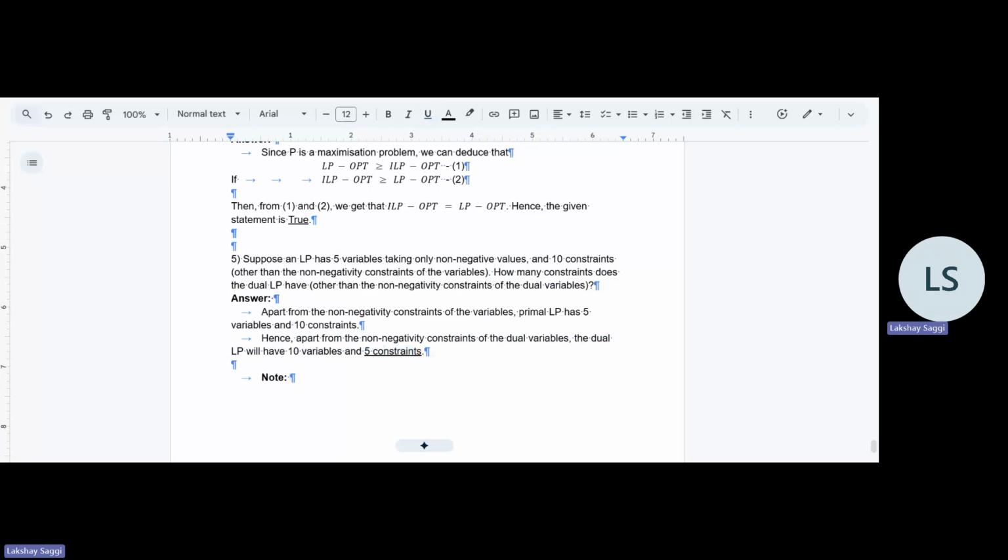But one thing to note is that if one is asked about the total number of constraints, including the non-negativity constraints of dual variables, then what will be the total number of constraints?